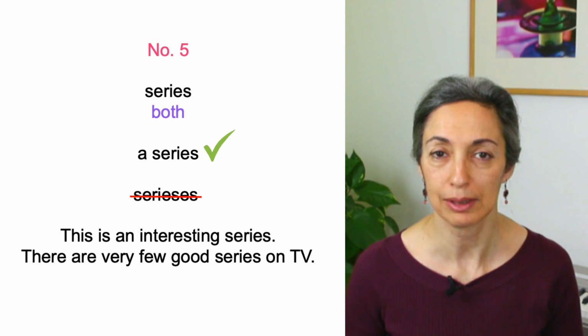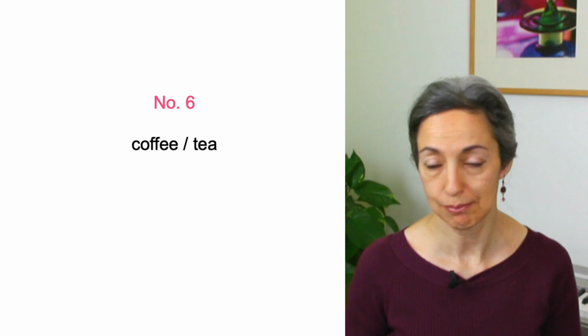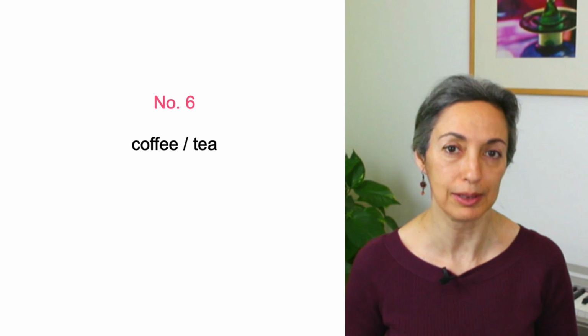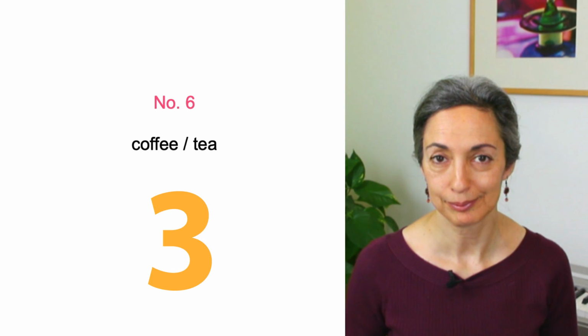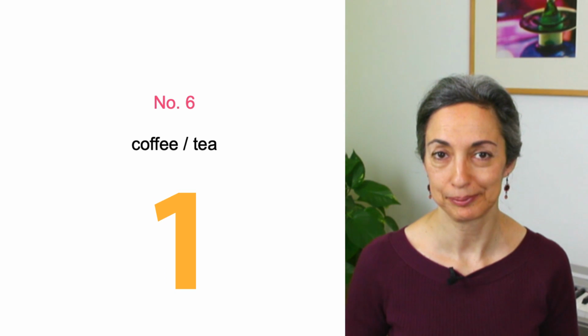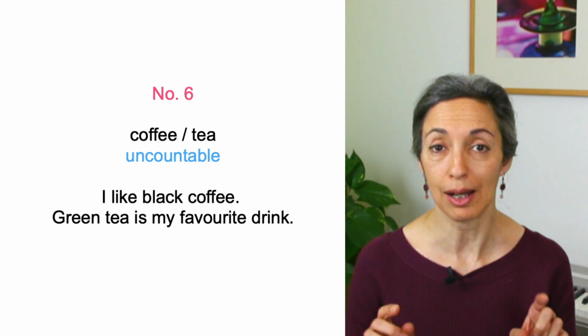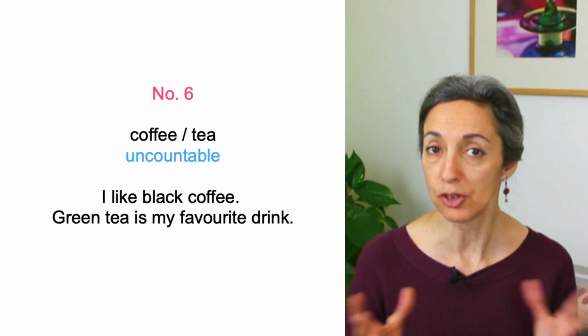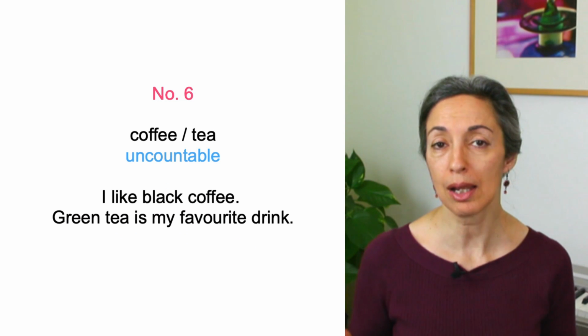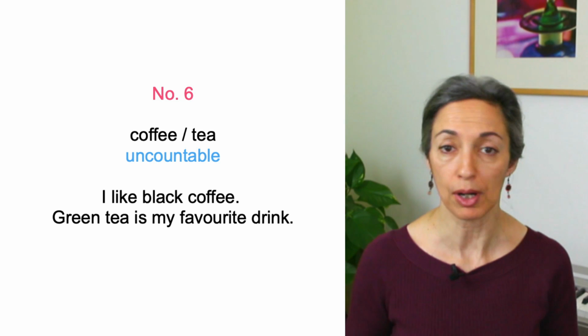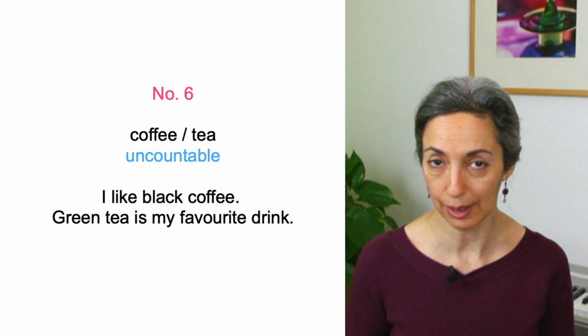Okay, let's look at coffee and tea. Are they countable or uncountable? They're both as well. Let's look at them in their uncountable form. In general, you would say, I like black coffee, or green tea is my favorite drink.